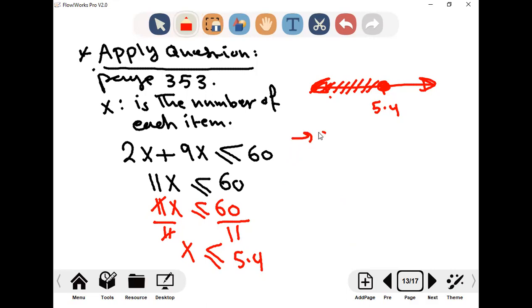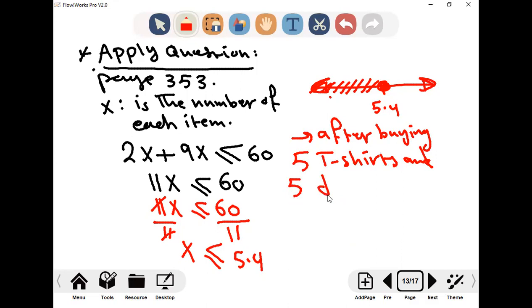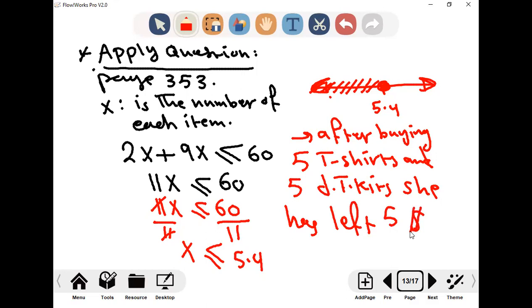So after buying 5 t-shirts and 5 tie-dye kits, how much money does she have left? $5. Because the price of 5 of each item, the total of them is $55. From 60 it is still $5.